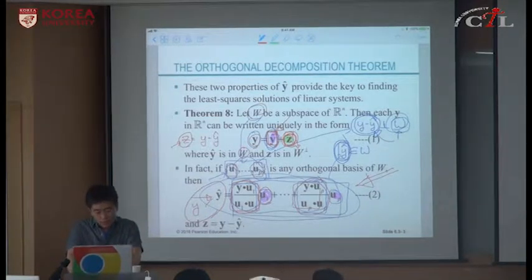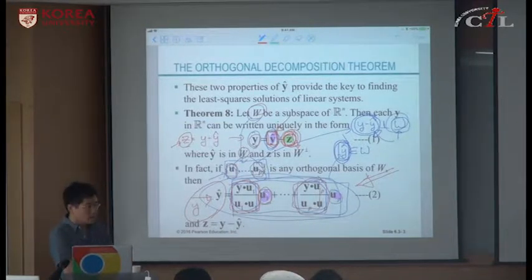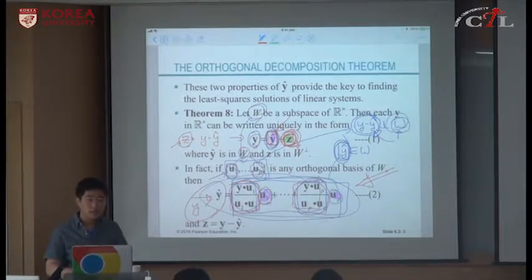We now want to discuss whether this kind of decomposition exists. The question is, does this y hat always exist such that y minus y hat, which is equal to z, this green part, is perpendicular to our subspace W?